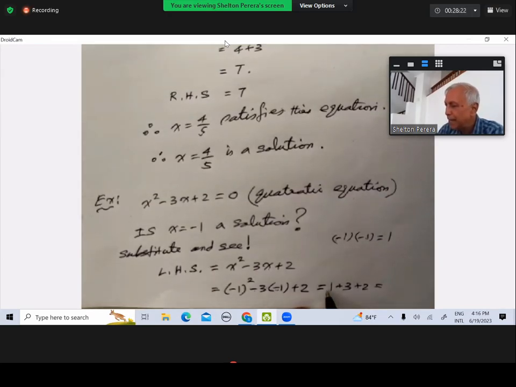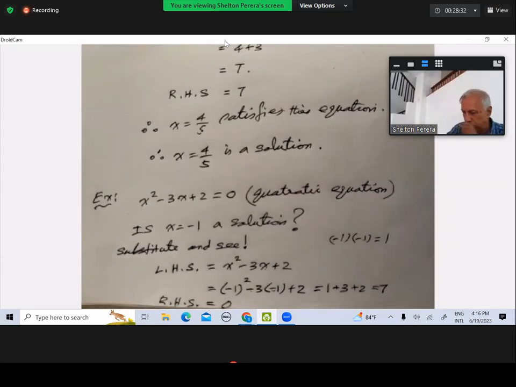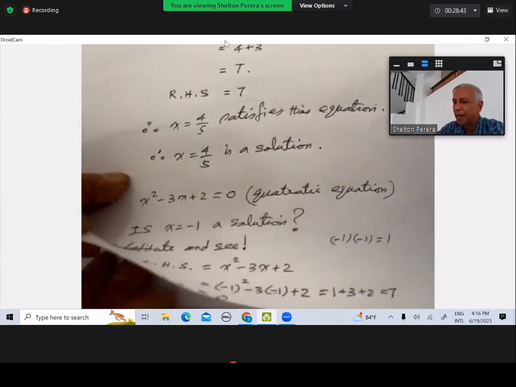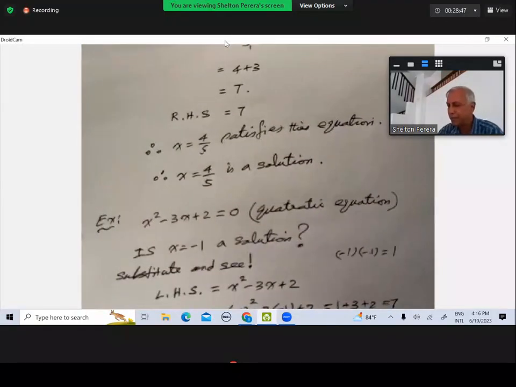What is that? 5 plus 2 is 7. The right hand side of that equation is equal to 0. Therefore, the left hand side is not equal to the right hand side. Left hand side is 7, right hand side is 0. Therefore, x equals minus 1 is not a solution of that equation.